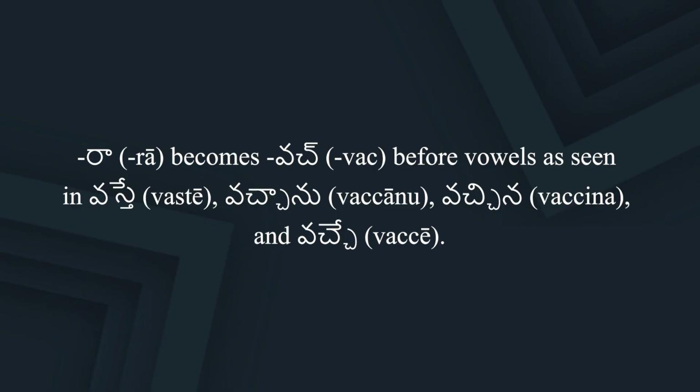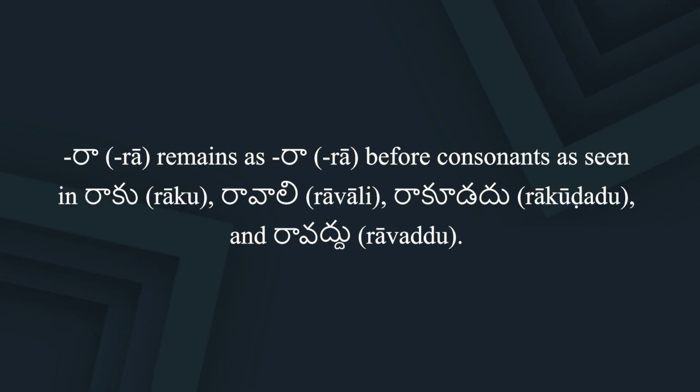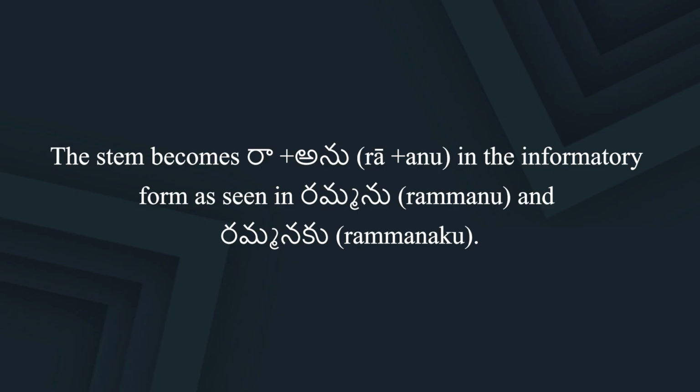For example, ra becomes vach before vowels, as seen in vaste, vachanu, vachina, and vache. Ra remains as ra before consonants, as seen in raku and ravali and rakudadu and also ravaddu. The stem becomes ra plus anu in the informatory form, as seen in rammanu and rammanaku.